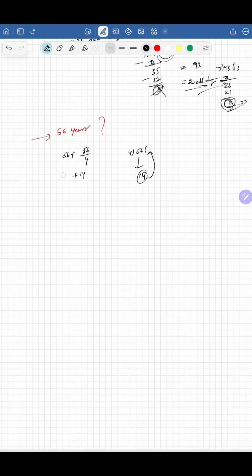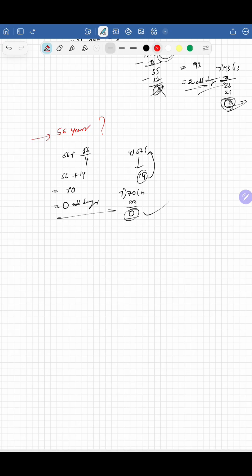Then 14 plus 56 altogether is 70. If we divide 70 by 7, the remainder will be 0. So 0 odd days. This is the answer. Simple thing. Up to here it's okay.